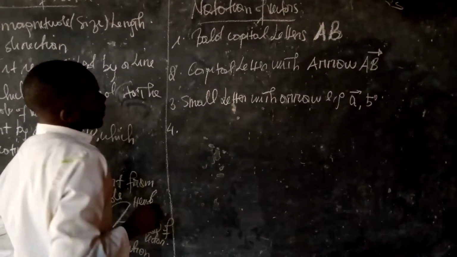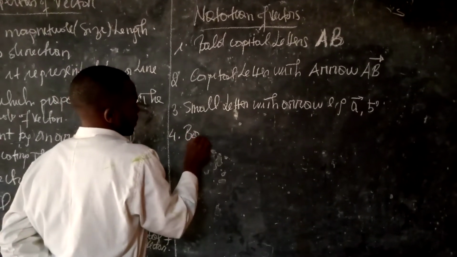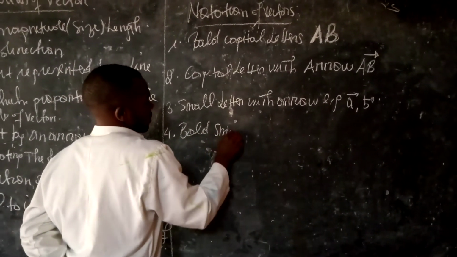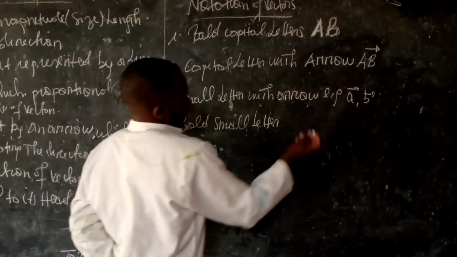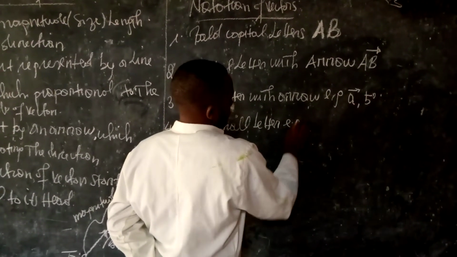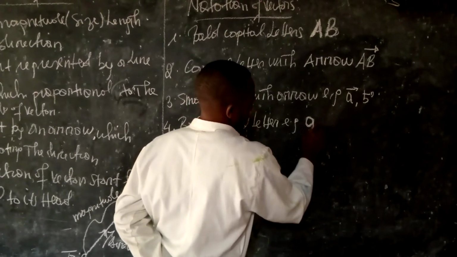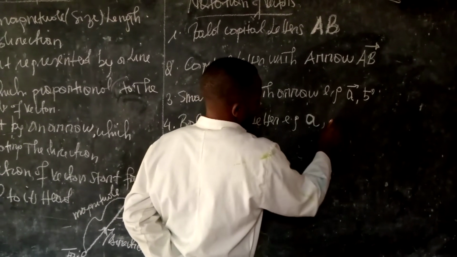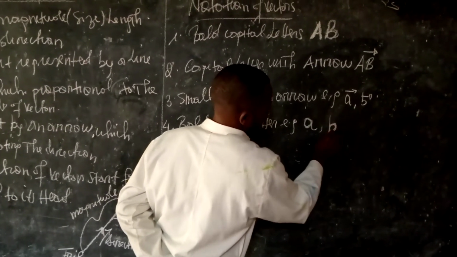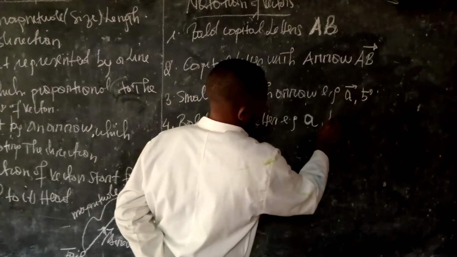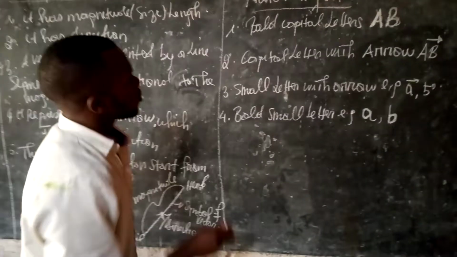Another way you can use to write a vector is to use a bold small letter. For example, a like this, a bold a, or b, a bold b. So now these are the ways you can use to write vectors.